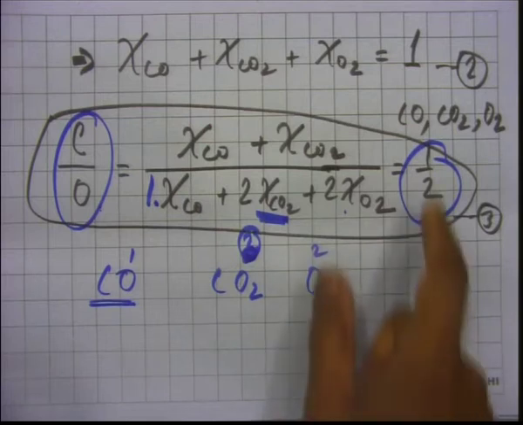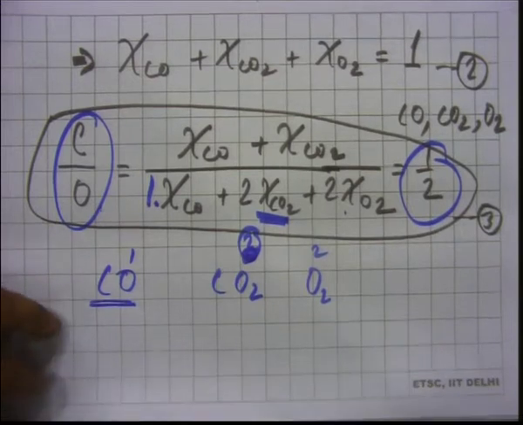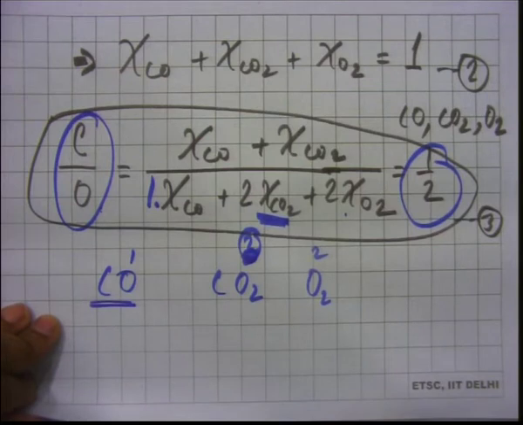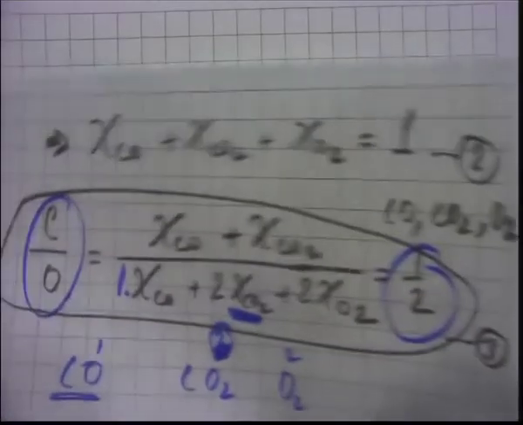So, in fact, the third equation takes care of the fact that mass is balanced, and that is why carbon atoms, oxygen atoms, the ratio is maintained and things like that. So, if we use these 3 equations, we should be able to determine the composition of the mixture. Okay. So, that is what we were aiming at.